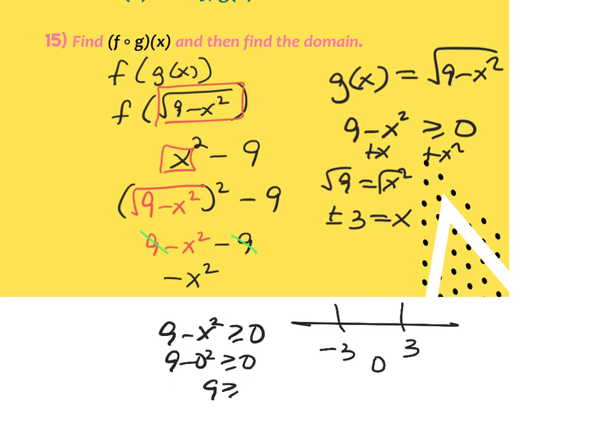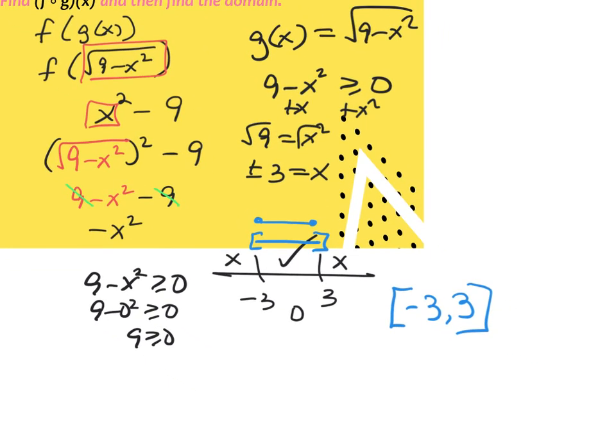And it's true, so this gets a check, this gets an x. So the domain for the g of x function is actually brackets, or closed circle, closed circle. So the domain here, for the composite and for the g of x function, is -3, 3. So because the g of x function had a restriction, that's the final domain also for the composite.